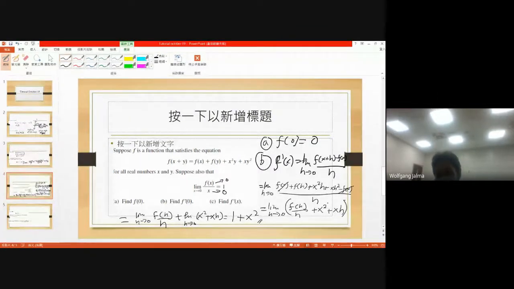Basically, from here to here, we use the limit, the same as this one: limit x to 0 of ax plus bx is the same as limit x to 0 of ax plus limit x to 0 of bx.